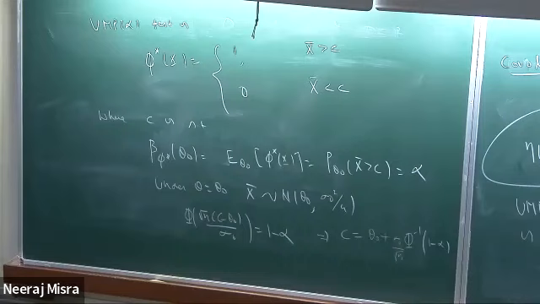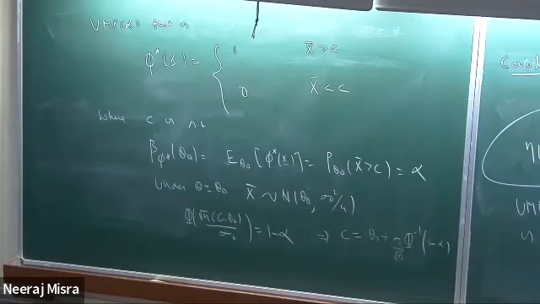So he says you observe the sample mean, if the sample mean is bigger than theta naught, you always reject H naught. Otherwise, you do not reject. That's a valid test, but it may not be uniform. What is the probability of type 1 error of such a test? I reject H naught if x bar is greater than theta naught, 0 otherwise. That is a very naive test, if I call it.